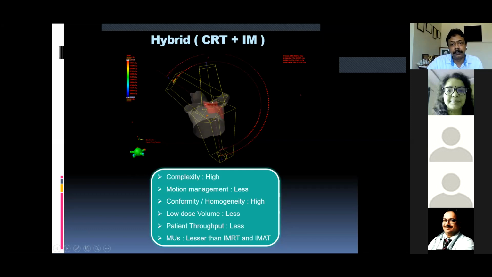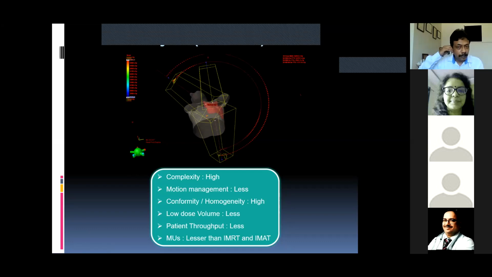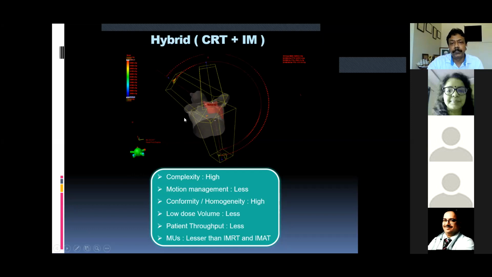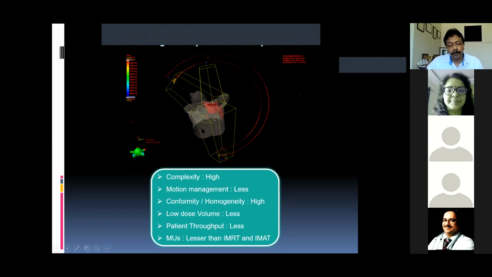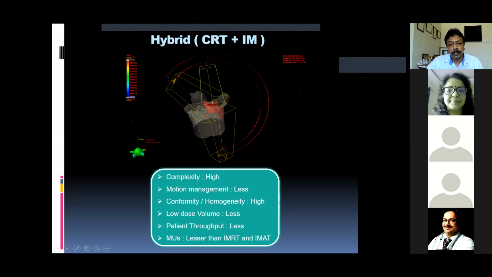So this is the setup, and we can create a single plan. We can combine hybrid IMRT or static IMRT with the arc therapy. We can also do beam tuning of each contribution. So we can very well reduce the low dose volume, which is very complicated and problematic in arc therapy or IMRT therapy.